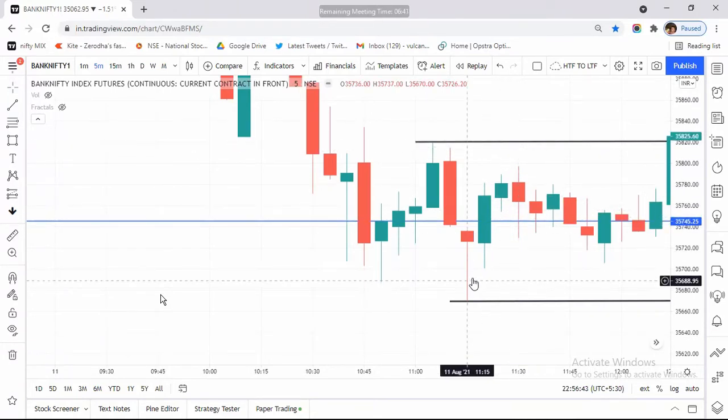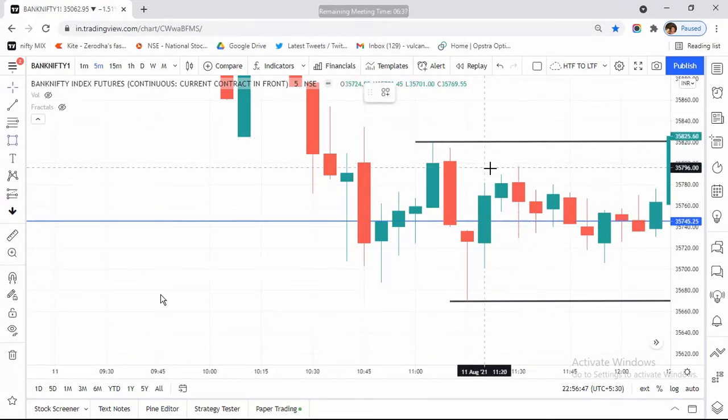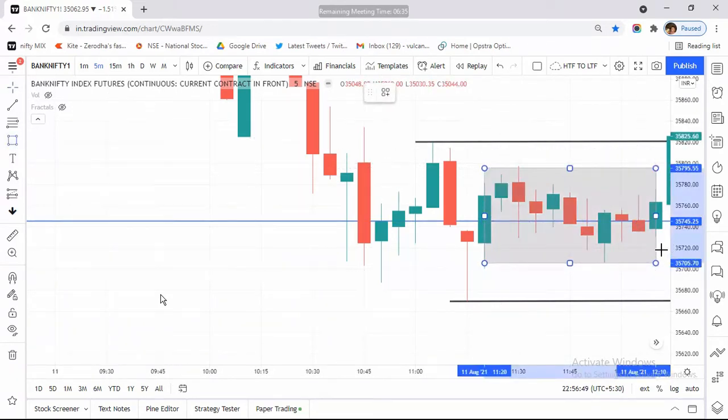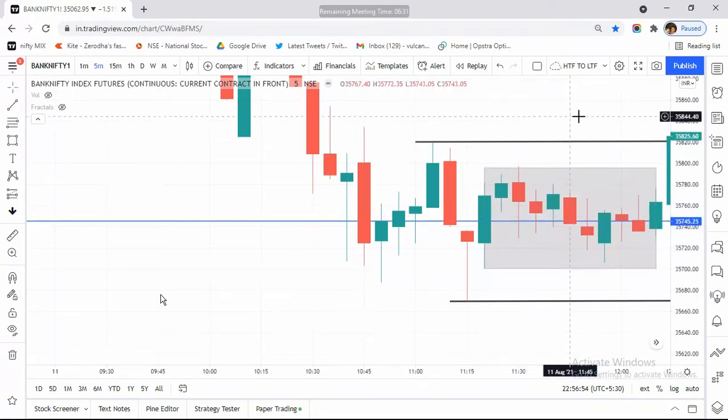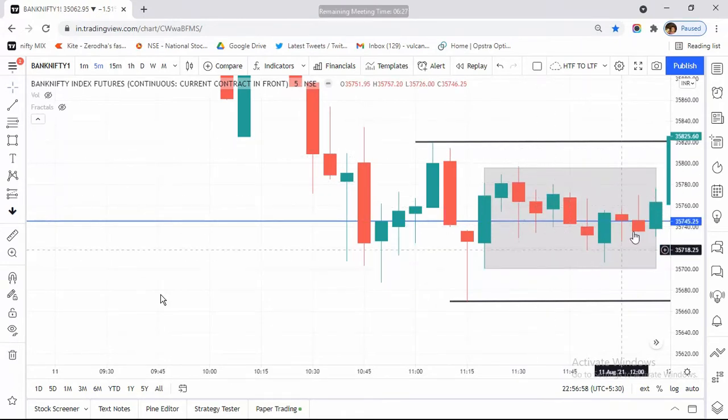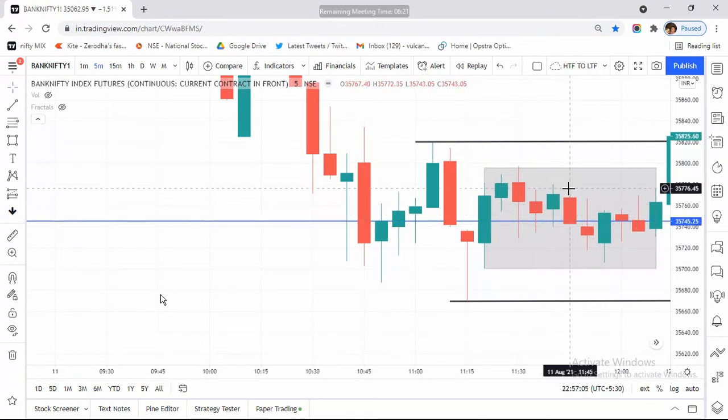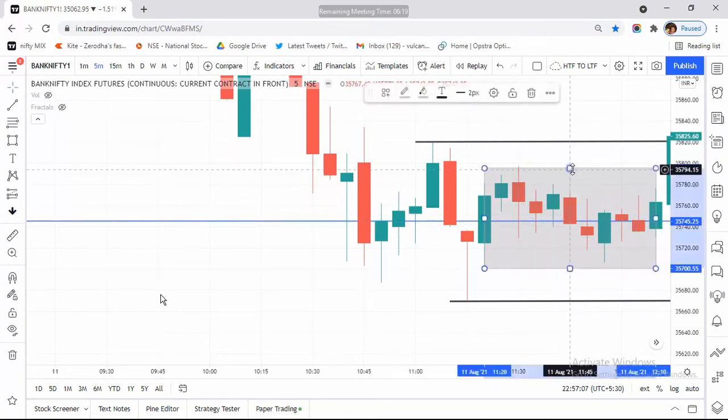So this is the range and this is the 50. This area is the market maker area. Now they are deciding where they will move the price. So they are building the orders around the 50 level. And this 50 level is a very important level. You should never ignore this.